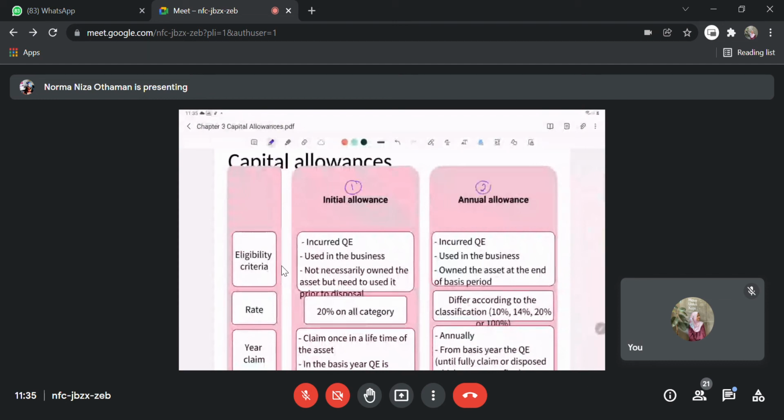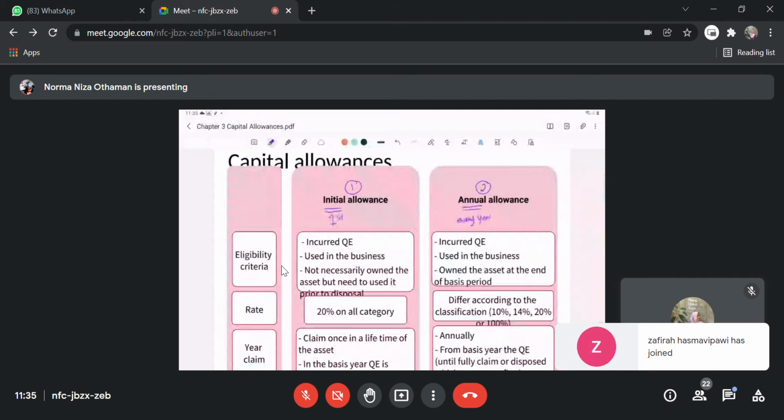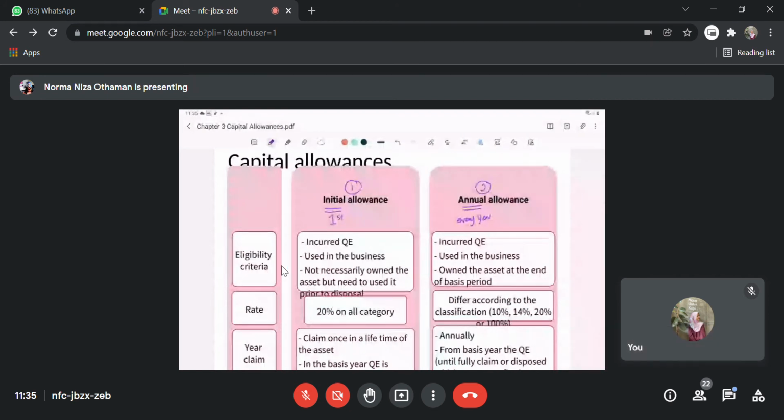Bila you tengok nama pun should be dah faham lah, initial ini adalah kali pertama, first. Annual adalah apa? Every year lah. Okay, so ada dua jenis capital allowances yang kita boleh tolak daripada qualifying plant expenditure.